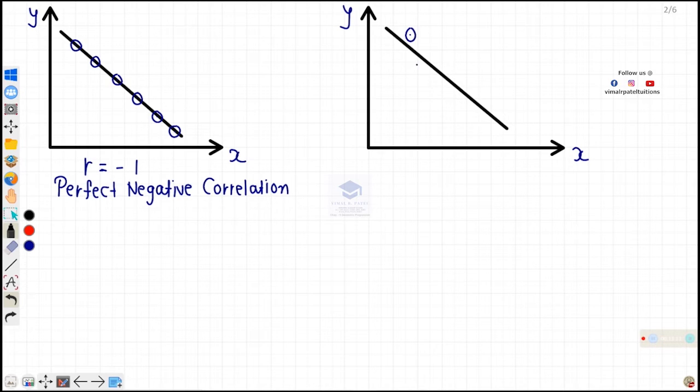Here the change will be in the opposite direction but not in the same proportion. The points corresponding to values of X and Y will not lie on the same line but they will be scattered near the straight line. So here the value of R will be between -1 to 0.